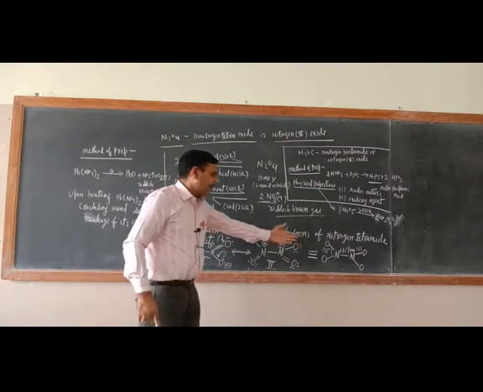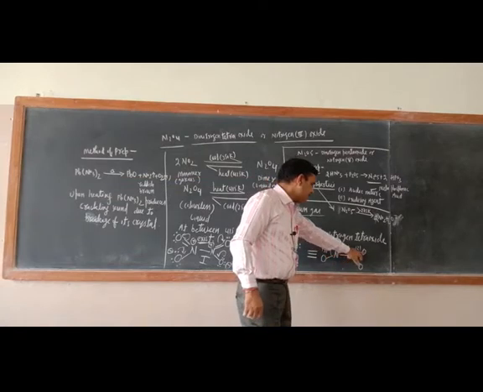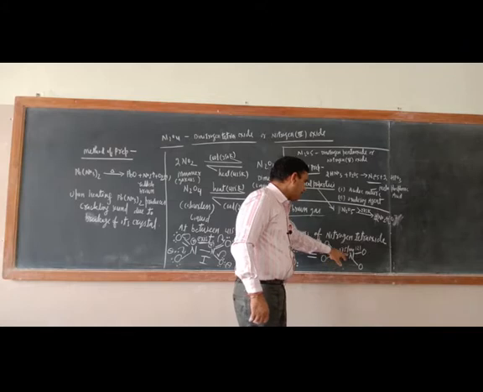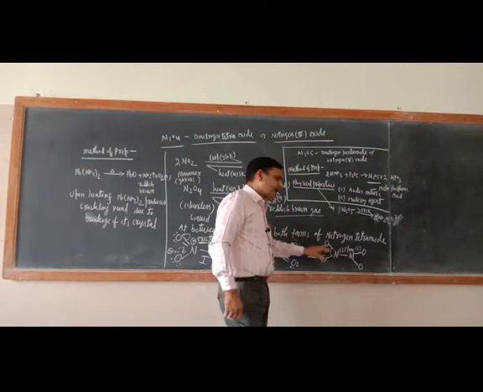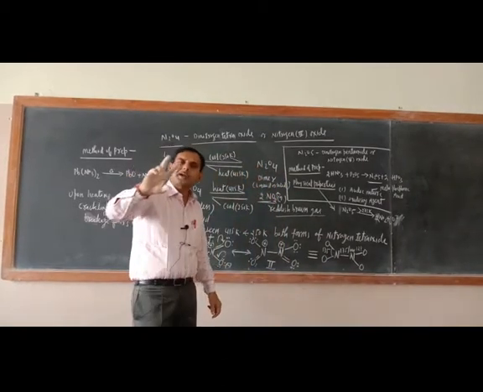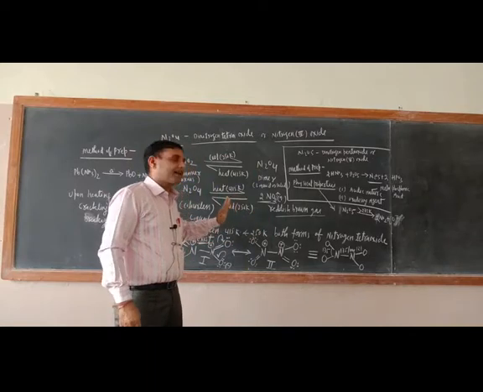And this is the resonance hybrid. In the resonance hybrid, the N-O bond length is 121 picometer, and the N-N bond length is 175 picometer. This bond angle is 135. Remembering bond length and bond angle is difficult, I know, but if you practice, then you can remember it.